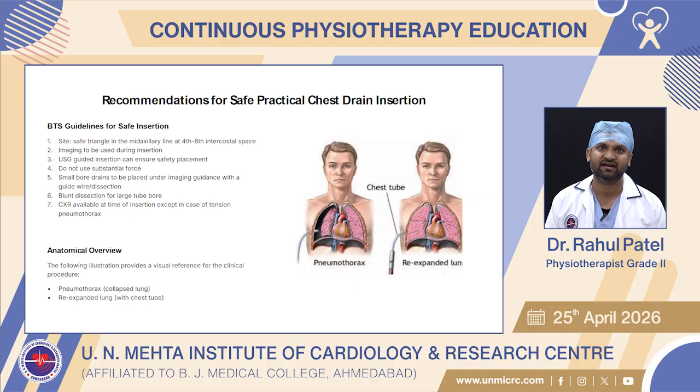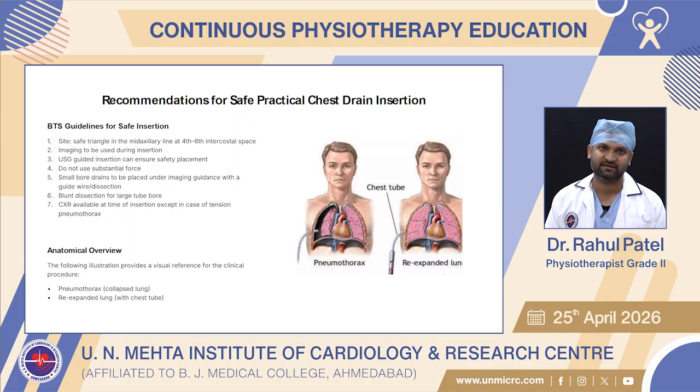Third, ultrasonography guided insertion can ensure safe placement. Fourth, do not use substantial force. Fifth, a small bore drain to be placed under imaging guidance with a guide wire dissection. Sixth, blunt dissection for a large tube.